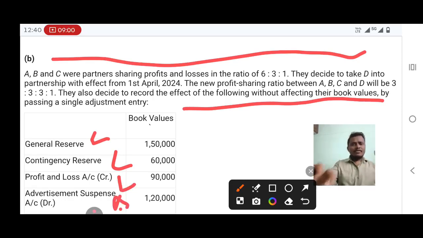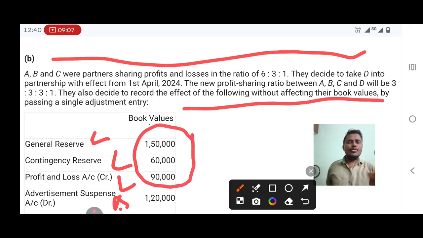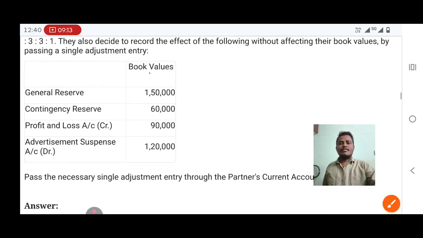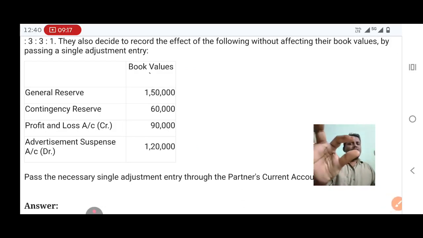Now you add all the liability items. So 2,10,000 plus 90,000 will give you 3 lakhs. 3 lakhs minus 1,20,000. So find out the difference between the asset and liability. So 1,80,000. I have found out the amount.